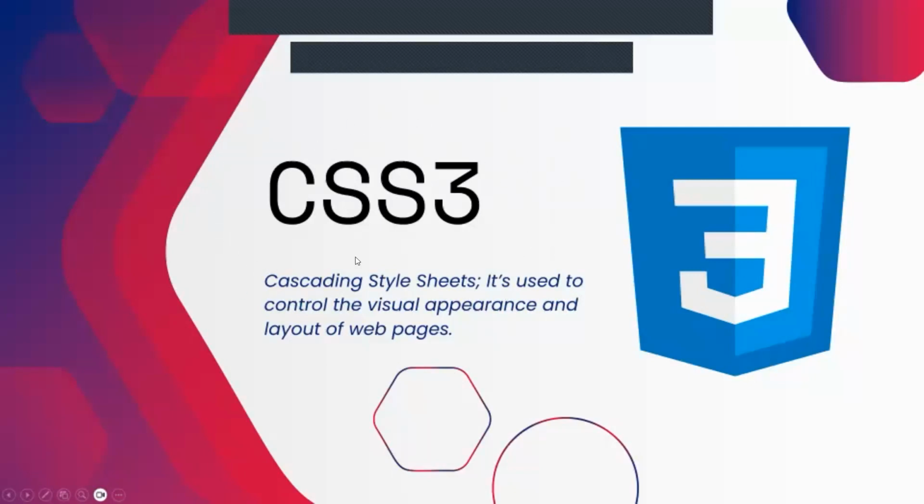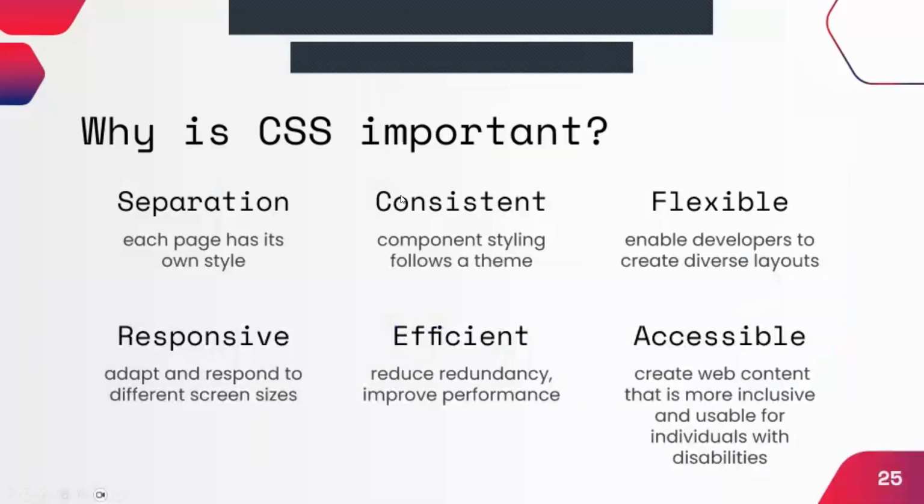Now the reason why we would use CSS is it allows us to separate our styles from our actual content. If you had the content in the same page, it would take up a lot of space. So you have to remember that document files can also take up a lot of space based on the text that's in them. So we can split it up, and that allows us to have consistent styling throughout a page.